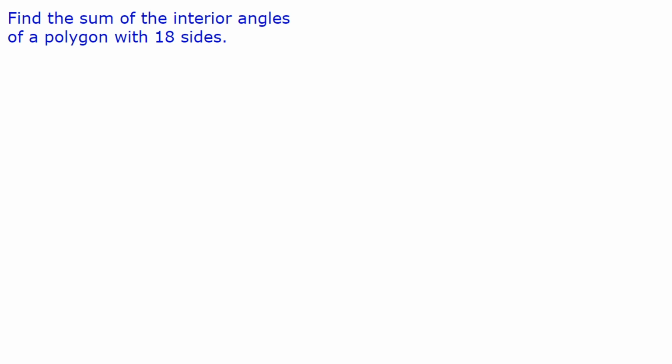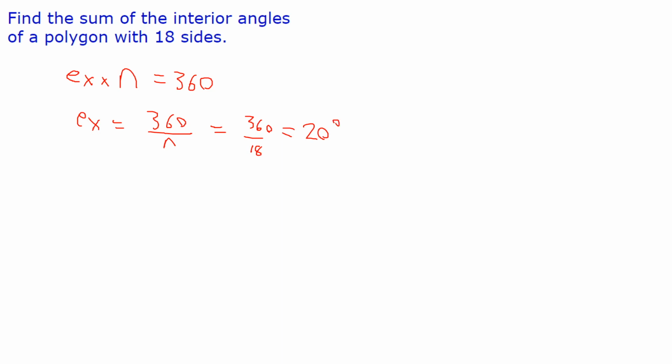So we know that the exterior angle times the number of sides is going to be 360. So the exterior angle is just going to be 360 divided by n, the number of sides, which is going to be 360 over 18, which is simply going to be equal to 20 degrees.